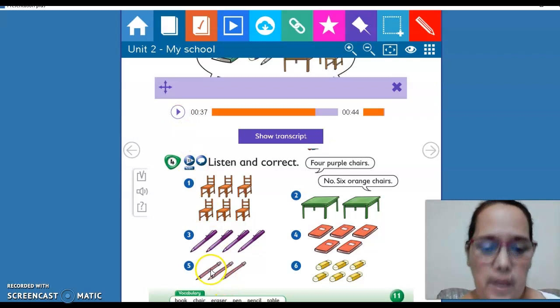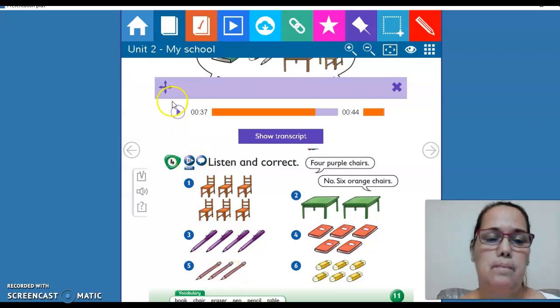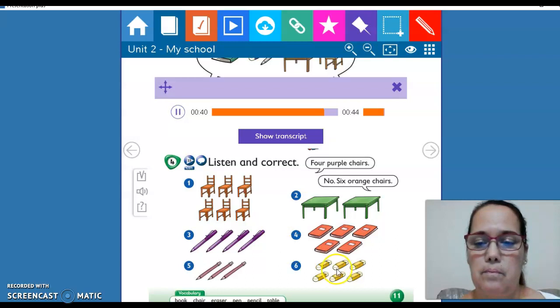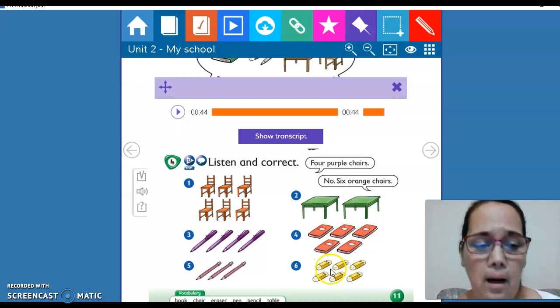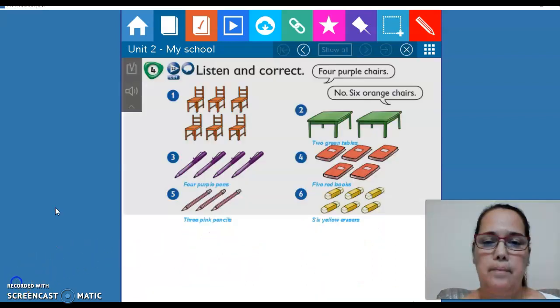No. 3 pink pencils. 6. 8 green erasers. No. 6 yellow erasers. Very good. Good job, kids.